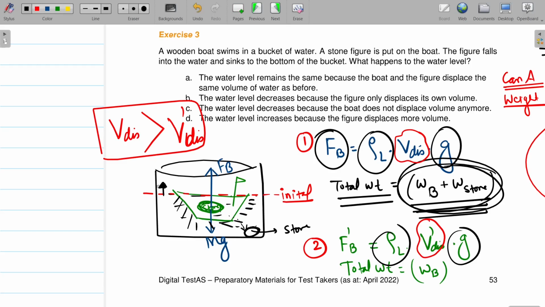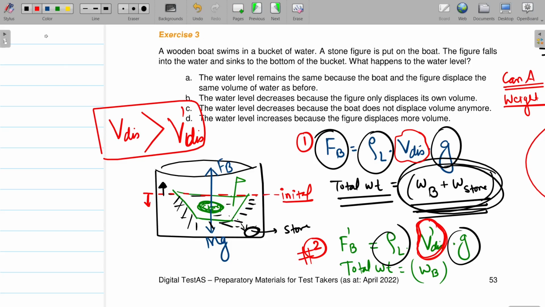But now here the case is opposite. In the final situation, after throwing the stone inside the bucket, the boat is displacing a lesser amount of water. So now the level of water will get decreased. I hope you have understood this.